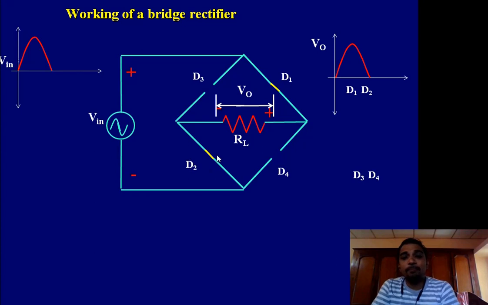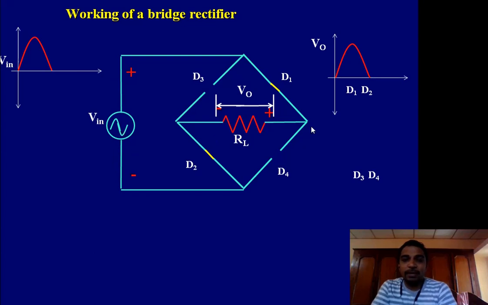But what about the peak inverse voltage? If you want to calculate the peak inverse voltage of diodes D3 and D4, what is the voltage applied across them? Take one loop from this point. D3 and D4 combined are facing this voltage and this voltage.